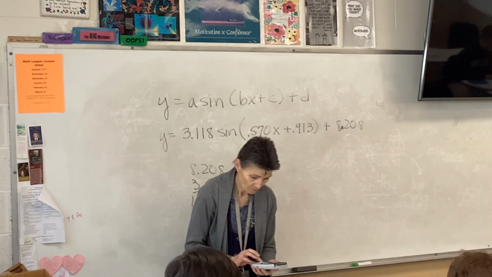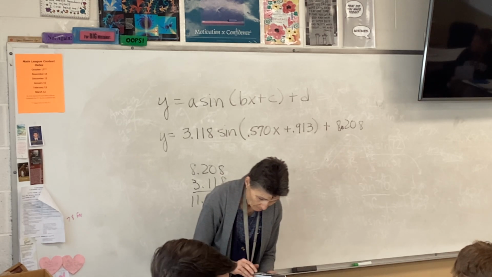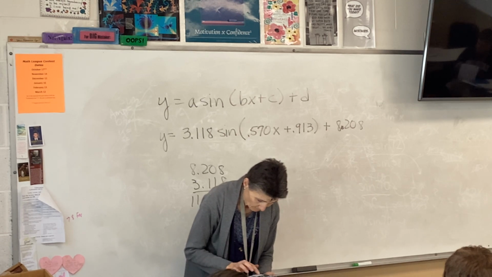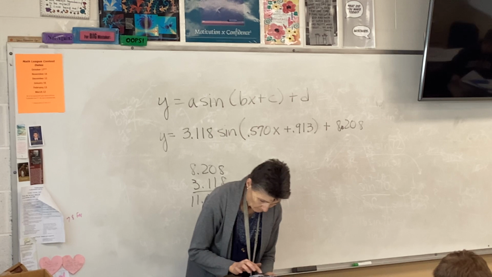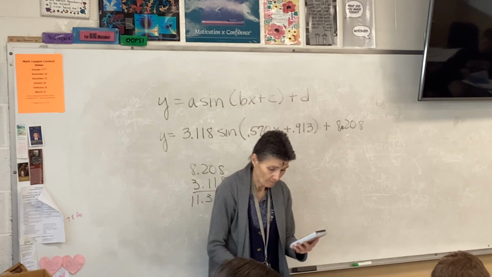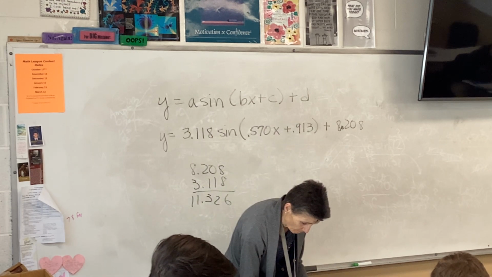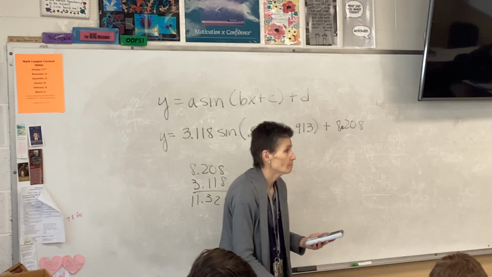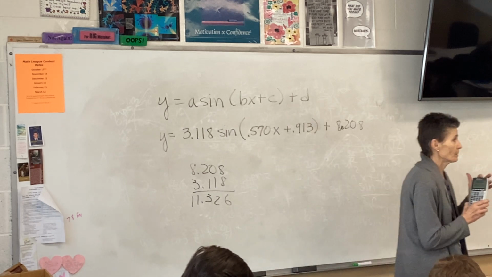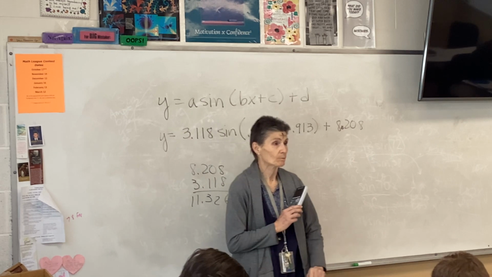So negative 20 cosine. What'd you get? It's really important that you close the parentheses before you add the 23.